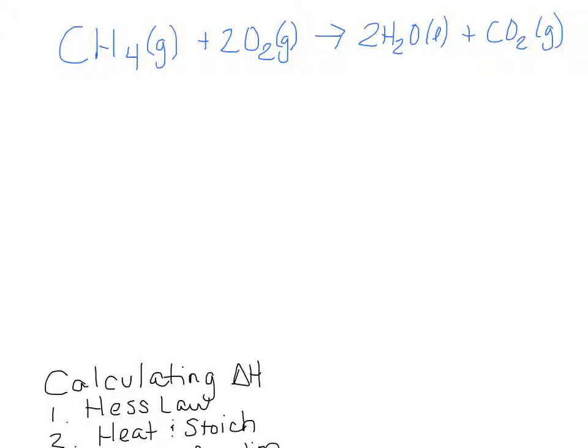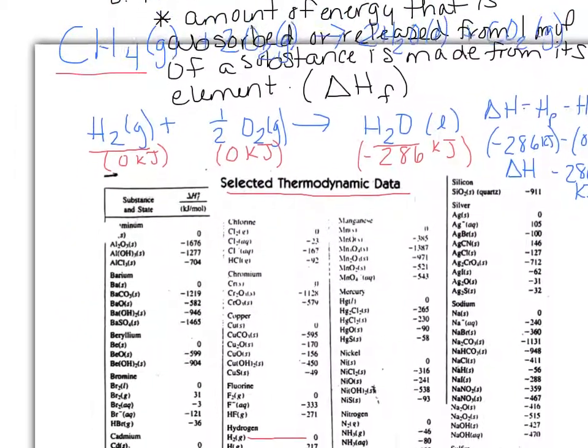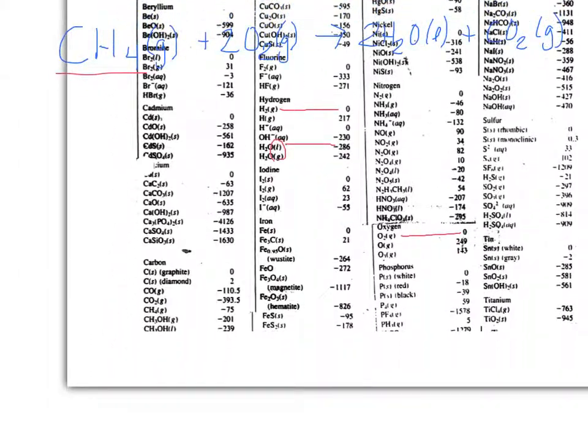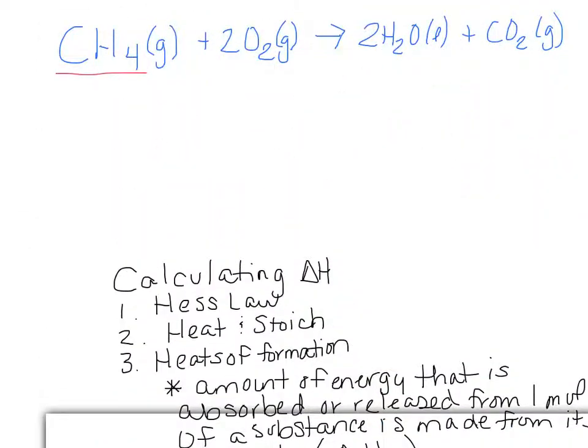All right, we're going to slide down in our thermodynamic data chart here, and we're going to look up the value for methane. So if we scroll down here in our chart, let's see, we have methane. Here we go. Here's methane, CH4 gas, negative 75 kilojoules. So let's get back up here to our work.